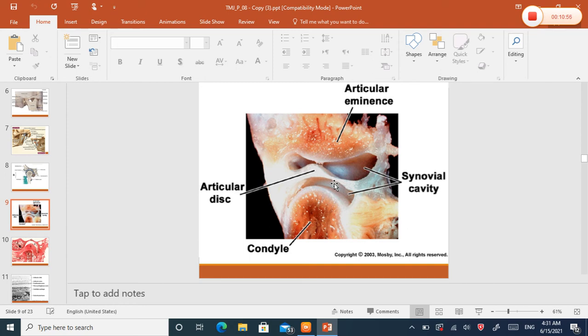Lubricate the articulating parts. Besides this we have muscles of mastication like masseter, temporalis, internal or medial pterygoid and external or lateral pterygoid. So we have four muscles: masseter, temporalis, medial pterygoid and lateral pterygoid.